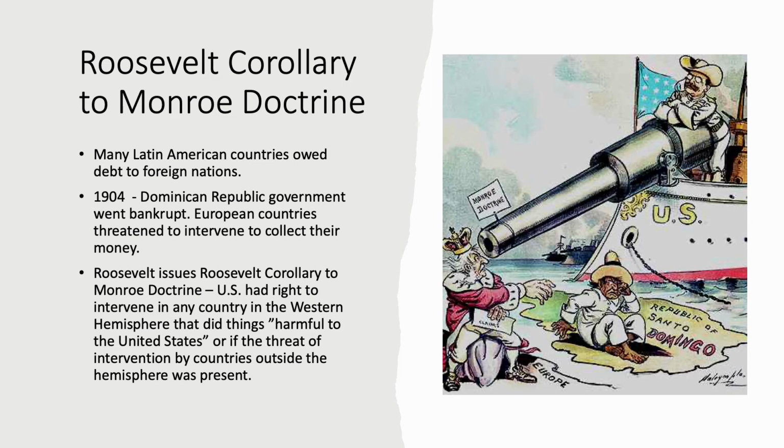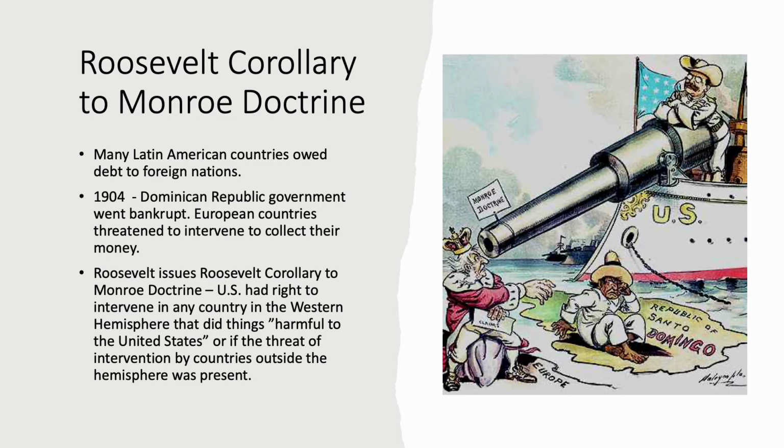The Monroe Doctrine had been written back in the 1800s, and what the Monroe Doctrine stated was that the United States was not going to allow any foreign nations to come into North or South America. If they did, it would be seen as a threat, and that basically foreign nations should mind their own business and stay out of this section of the world.